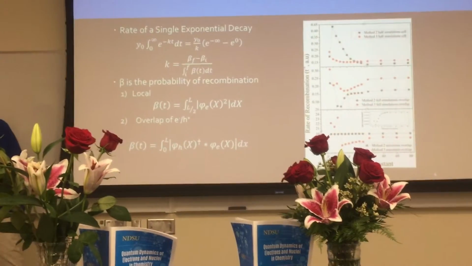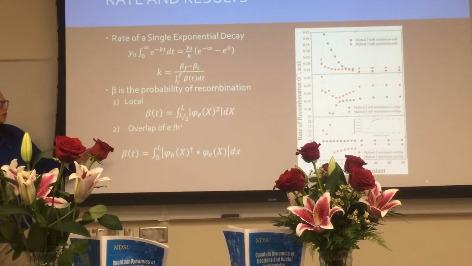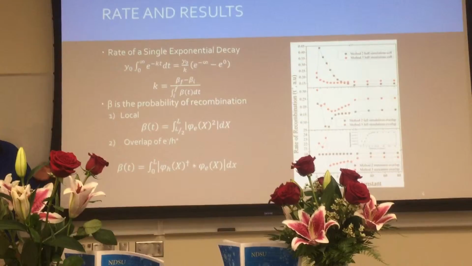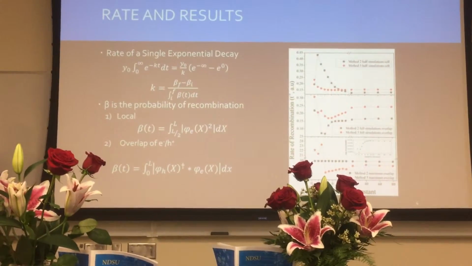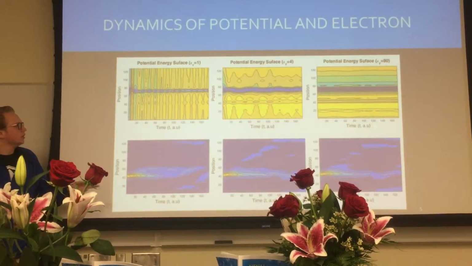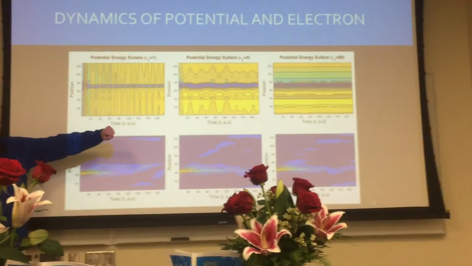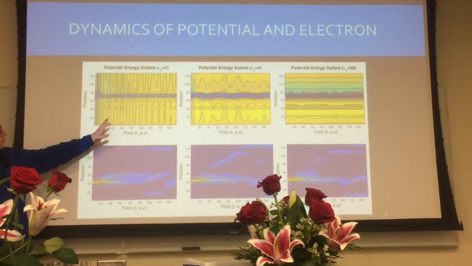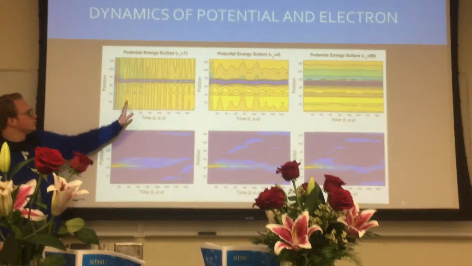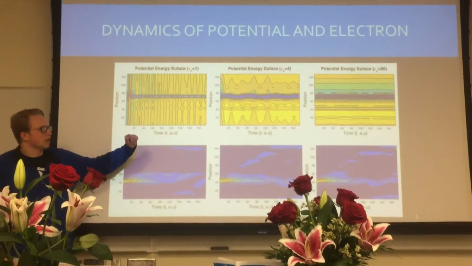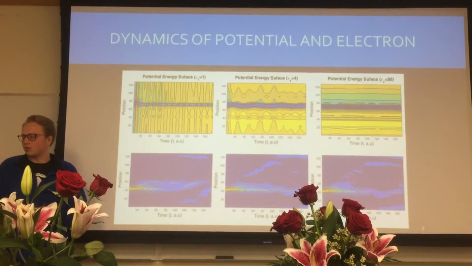Okay. And through this, we can look at the time evolution of the potential and the electron, and we see a very interesting change in the potential as we increase our dielectric constant, where we see a very, very dramatic change in our potential when we have a dielectric of 1.